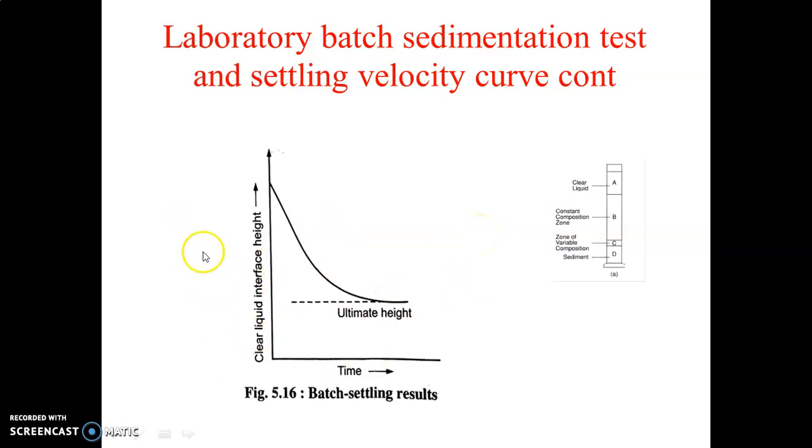And why are we doing this? This data is useful for the design of the thickener. The thickener is the equipment used for sedimentation. For its design you have to calculate the height, diameter, etc., which we can obtain by doing some calculations using this graph.